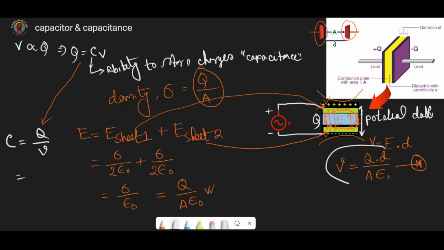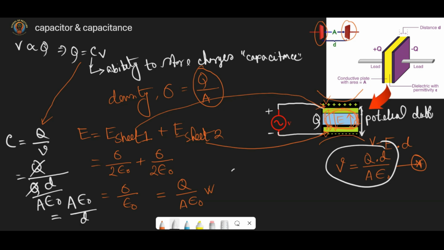Now if we plug in the value of voltage here, Q over Q D over A epsilon naught. So this Q cancels out, so we find A epsilon naught over D. So the final capacitance equation will be C equals A epsilon naught over D.